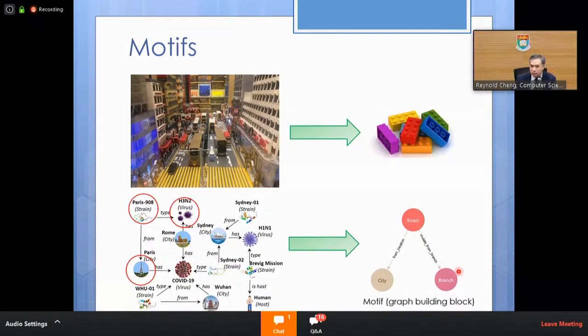For example, a motif is talking about how the city is connected to string and also to a branch. We want to see whether it is possible to use motifs to help us understand the relationship of this COVID-19 virus with different kinds of objects in this network.